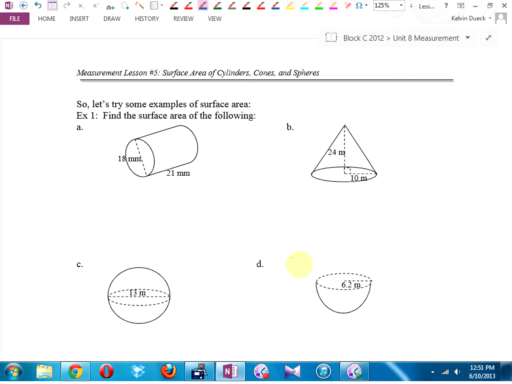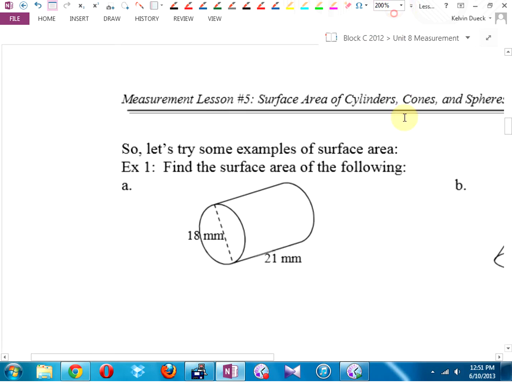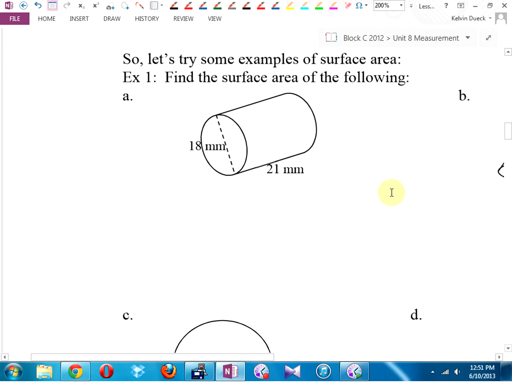Example 1 says, find the surface area of the following. What shape? Cylinder. Find the cylinder formula on your formula sheet, and I think you'll see it says this. SA equals 2 pi r squared plus 2 pi r h.